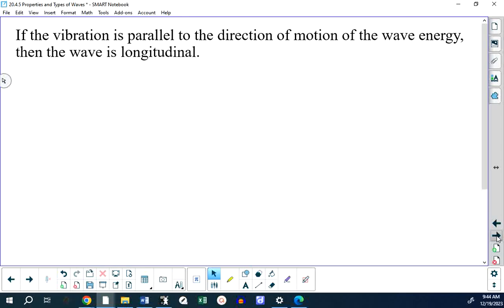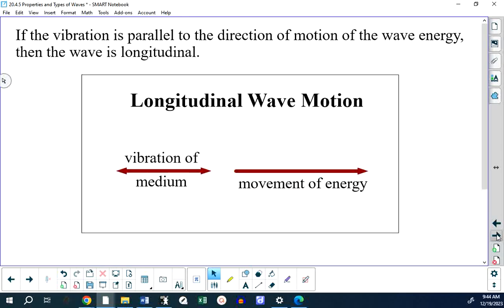A longitudinal wave is one in which the vibration is parallel, in the same direction as the energy transmission. So what this looks like pictorially is you have something that vibrates back and forth, and the energy moves in the same direction as the vibration, say to the right.